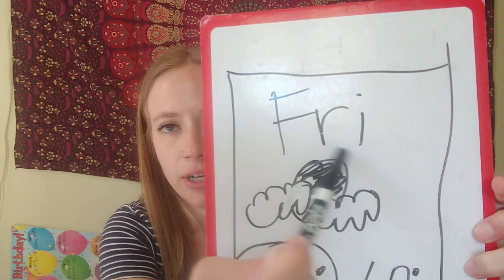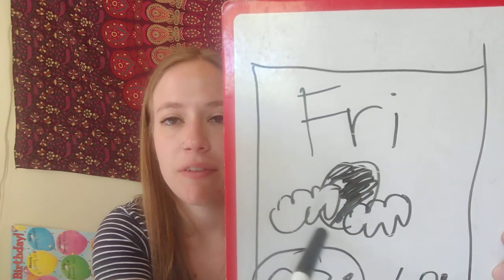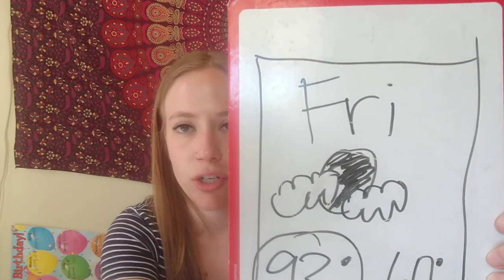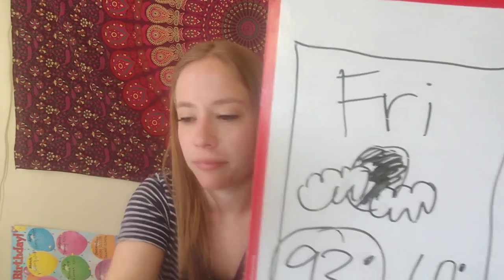All right. And then my next question is, what type of weather are we supposed to have if this is our weather picture? And I am sure that you all guessed it, because this is like the only weather we've been having. Partly cloudy. So it will be partly cloudy tomorrow.